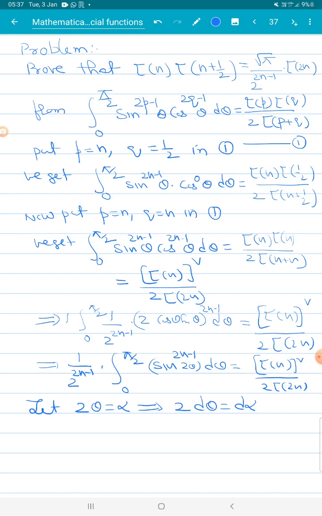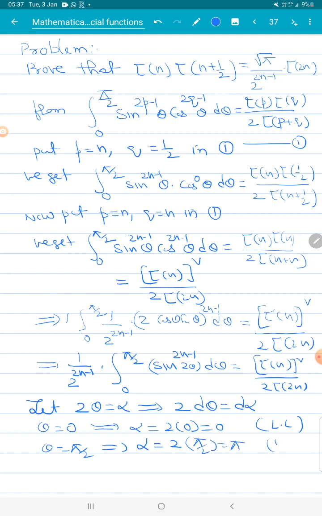Now the limits also: when theta is equal to 0, alpha is equal to 2 into 0, which is 0. This is the lower limit. And when theta is equal to pi by 2, alpha is equal to 2 into pi by 2, which is pi. This is the upper limit.